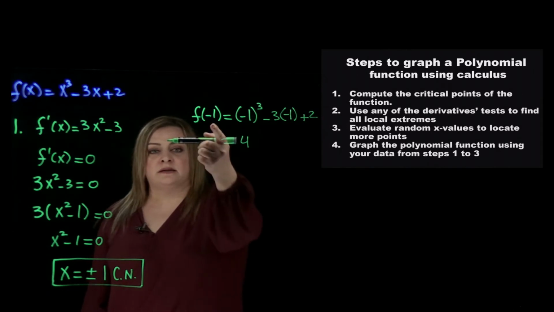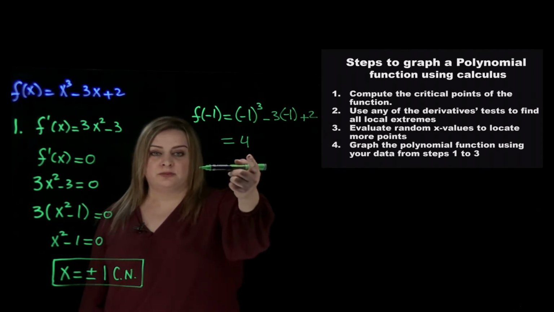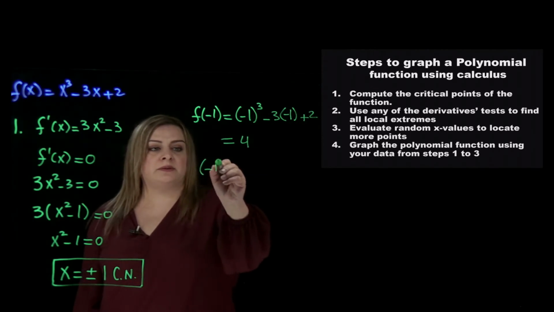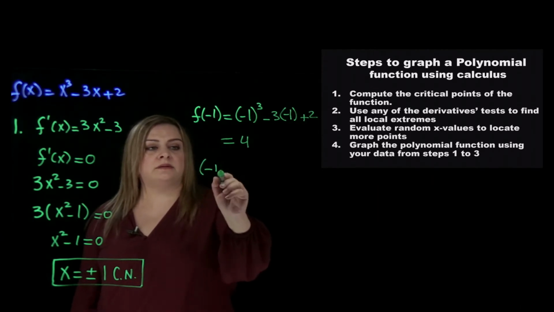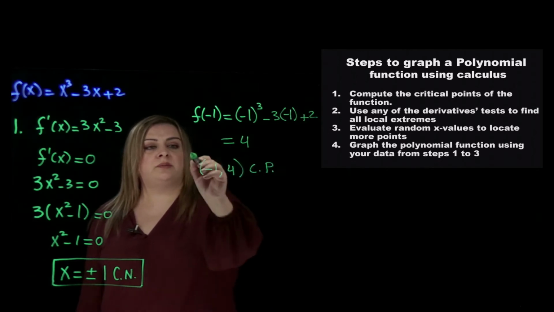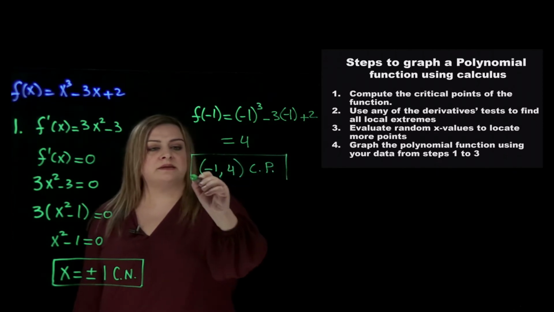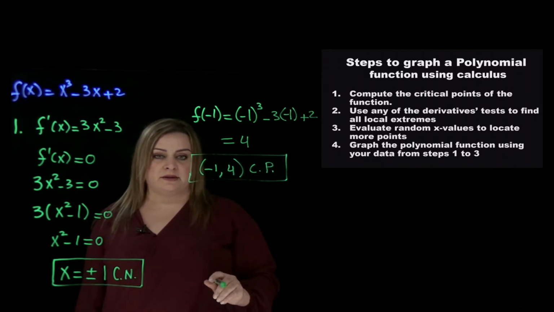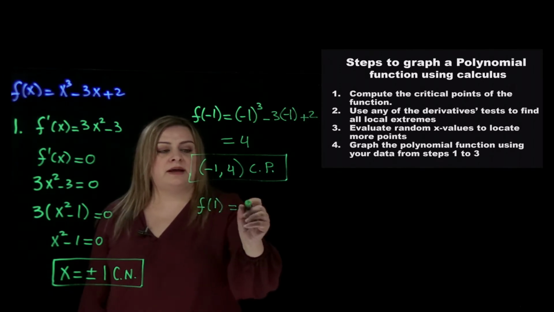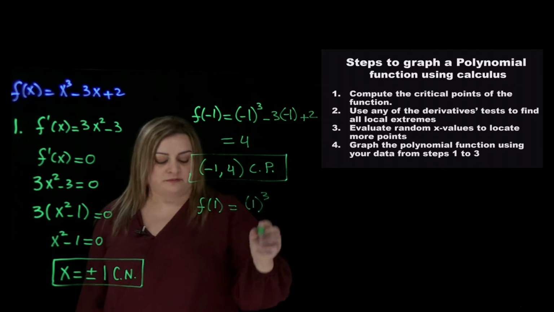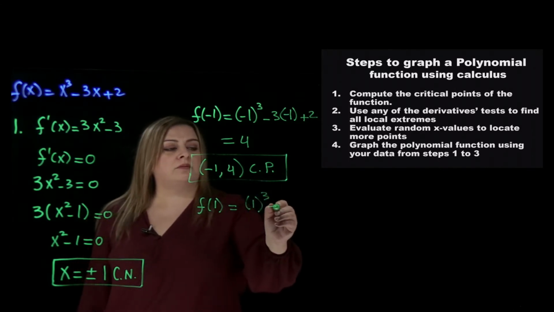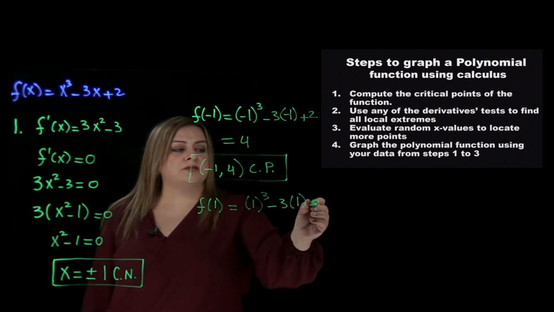Now for x equals negative 1, we found y to be 4, and this is our critical point. I will just copy the critical point right here and label it as critical point. Box my answer because I want to use that later. Now evaluating f at 1, we will have 1 cubed minus 3 times 1 plus 2.